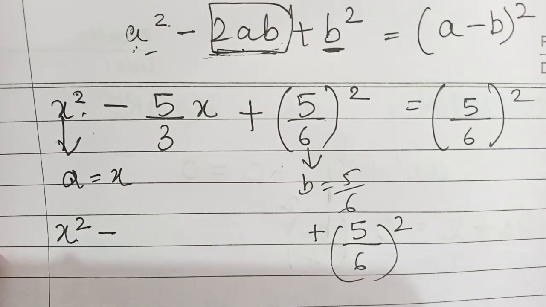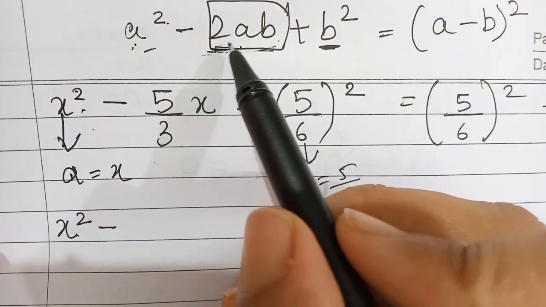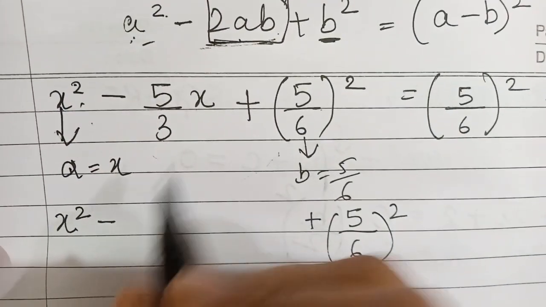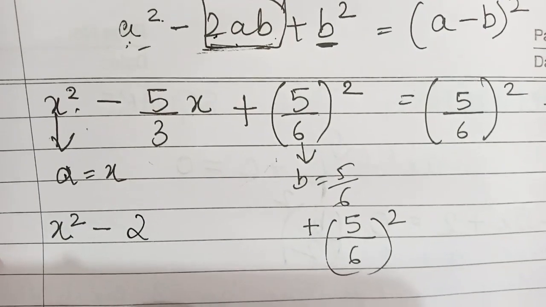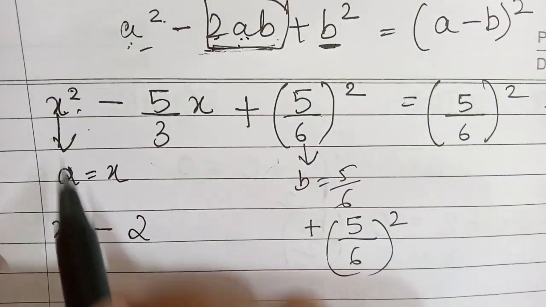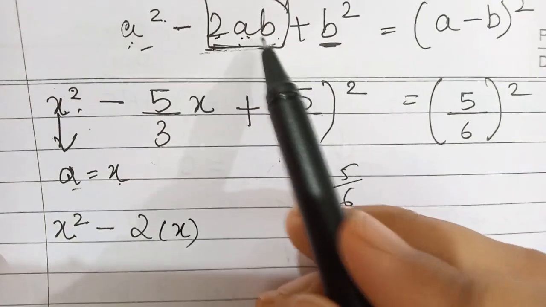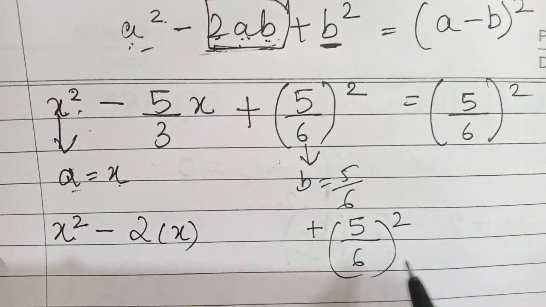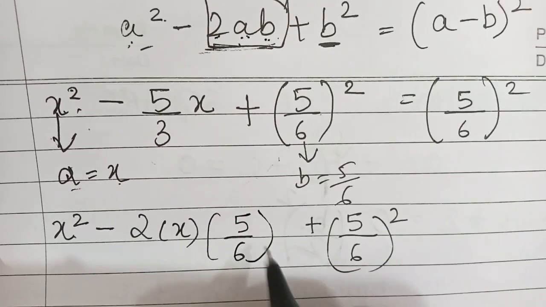With a lot of practice only you will understand how we turn this term into 2ab. So we need the digit 2, so we are going to multiply 2 into a. What is a over here? a is x. And we have to multiply b. What is b over here? 5 upon 6, sorry.